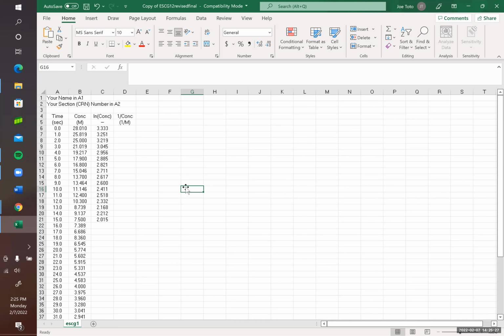Another purpose is to become familiar with the use of Excel in working up experimental data in chemistry. So that's generating calculated data based off of given experimental data, making plots, fitting those plots to lines and things like that. So another purpose is to learn how to use Excel with a specific application to working up chemistry data.